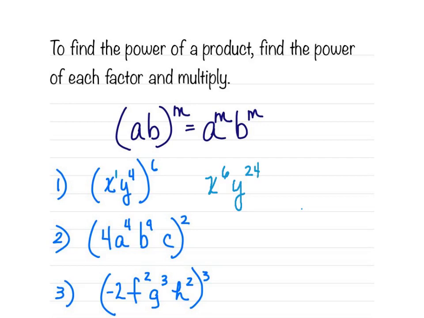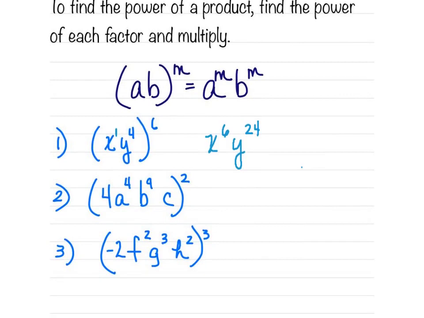Number 2, 4a to the 4th b to the 9th c, and all of that is being squared. Basically, you have to raise each and every factor to the 2nd power.